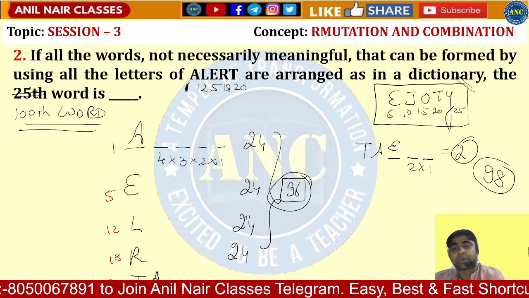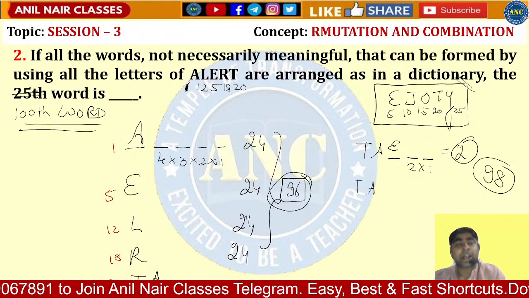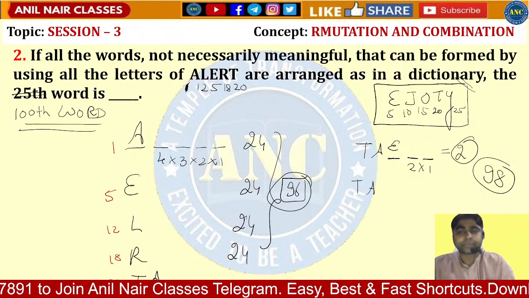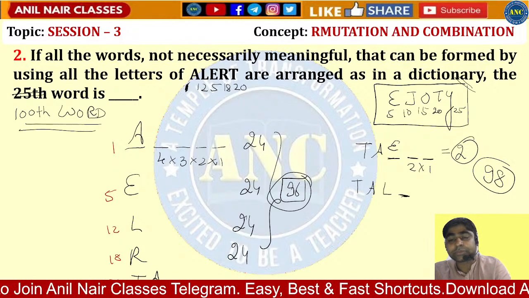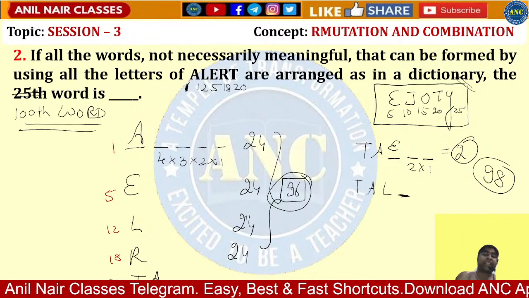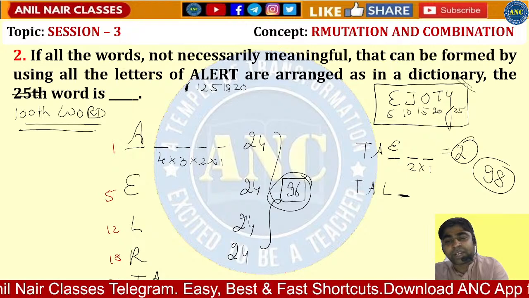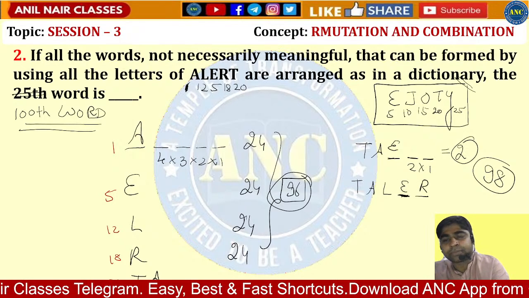Right? So what would be the 99th one? It would be starting with a, after E, what will come? L will come. Okay. So after L, E would come, and after E, R will come. This will be the 99th word.